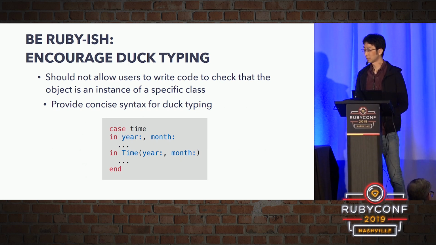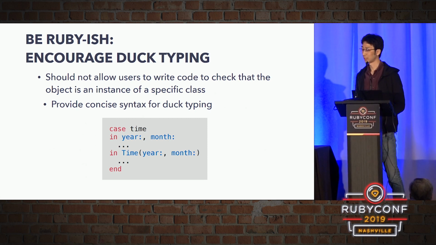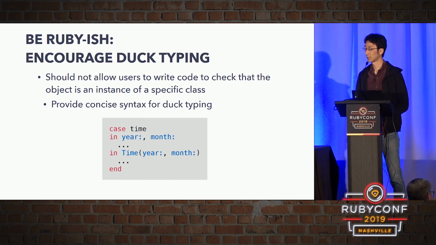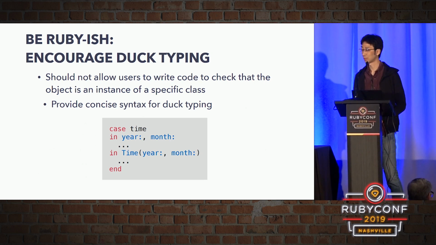provide abbreviations and syntactic sugar to make it possible to use them naturally. And another point is to encourage duck typing. So we provide a concise syntax for duck typing. That means in this example, there are two patterns, and I believe most users use the upper pattern rather than the latter pattern because it is simple. And if you use the upper pattern, the object assigned to the time variable need not be an instance of the Time class.